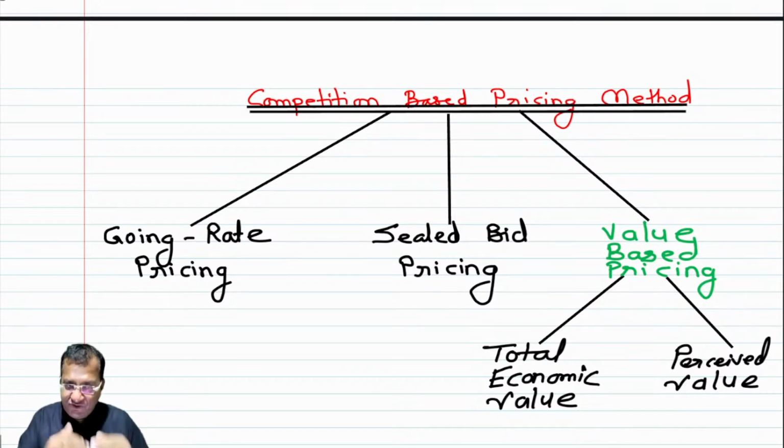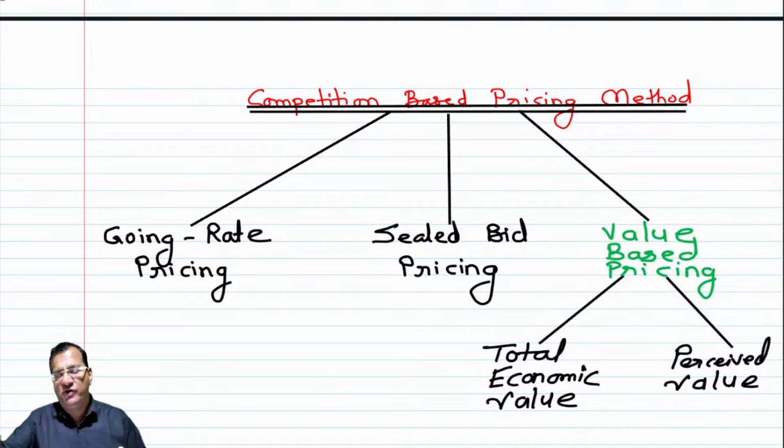Suppose I have to accept the trade union demand and increase the wages by 15%. Will this change in cost affect my sale price if I am following the competition-based pricing method? What do you say, beta?